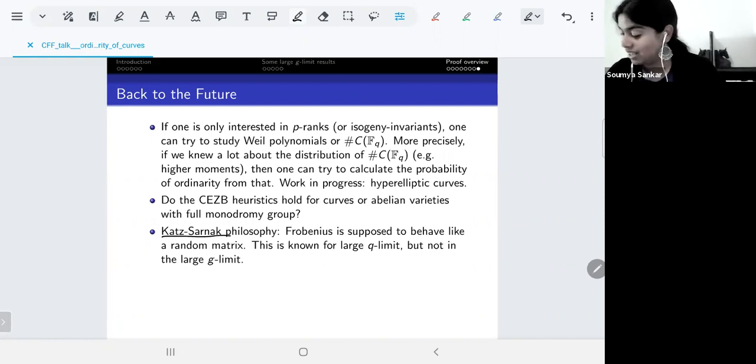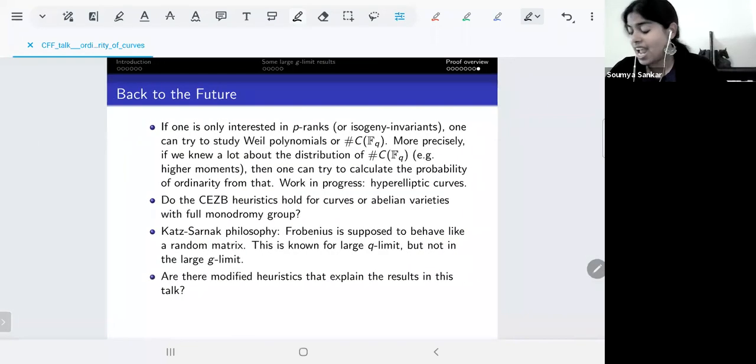And so that's that. And then there's also a question about whether there are modified heuristics that explain the results of this talk. For example, one of the things that came up earlier, which Professor van der Geer was talking about, is that instead of stratifying moduli space by P ranks or stuff like that, what if you stratify it by automorphism group?